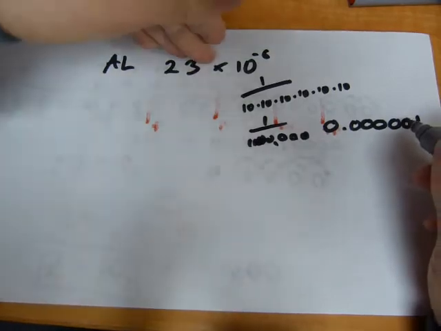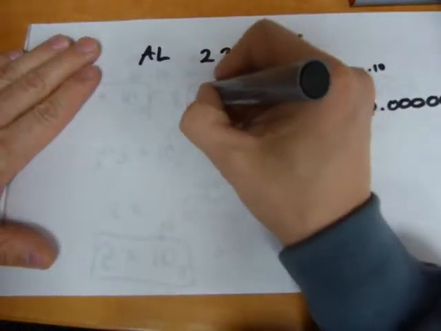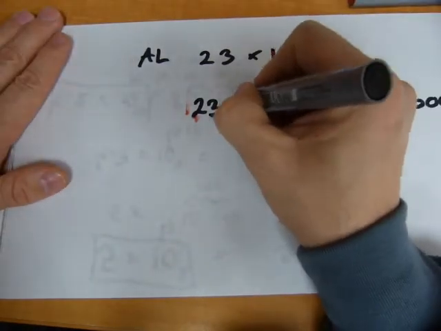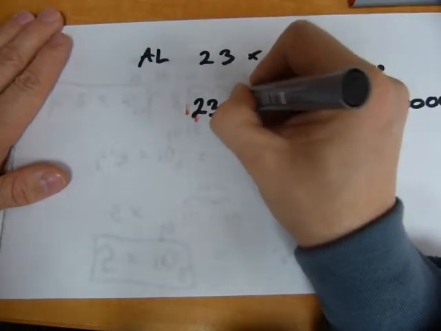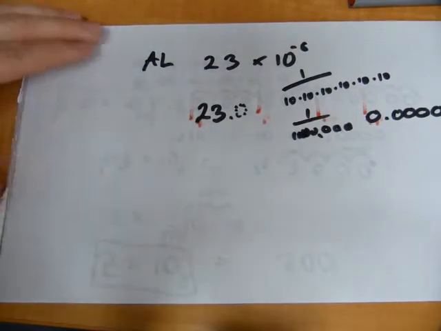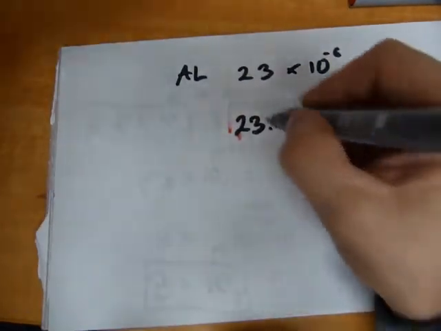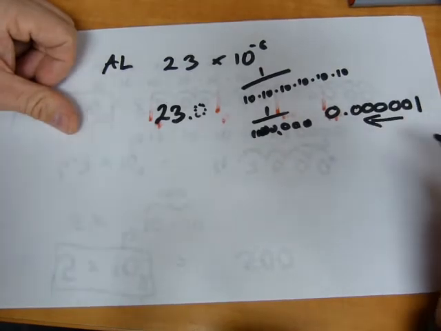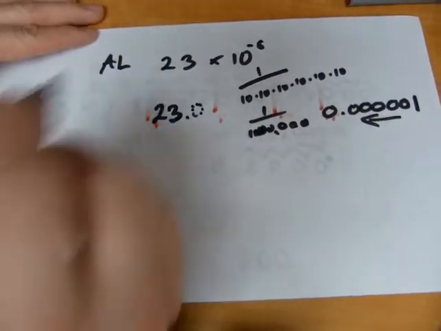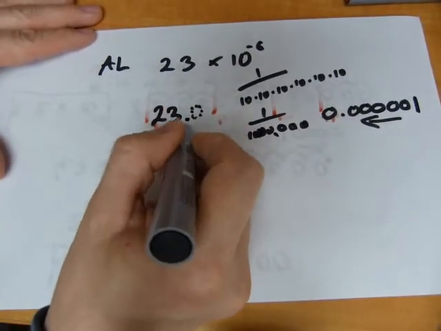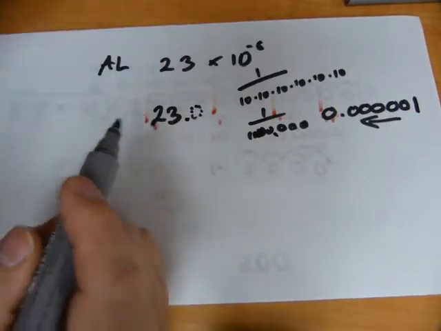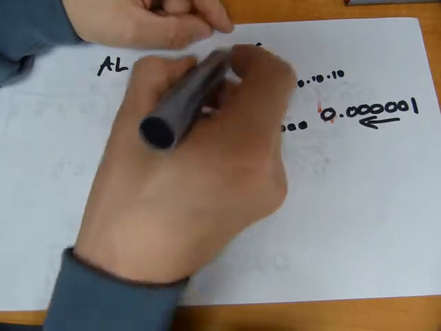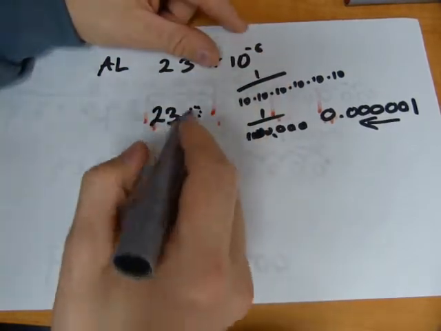So to make sense out of this number, you write down the 23. 23 is the same as 23.0, right? So I'm just gonna do an invisible 0 that's always there. 23.0. And then because we're going this way with the decimal dot, I'm gonna start here and move it over 6 spots, because that's the exponent number, and that negative means we're moving from right to left.